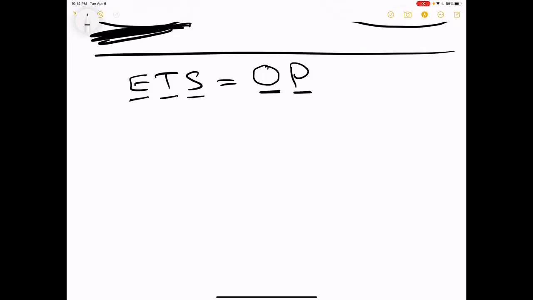All right, so the electron transport system, I said, is the same as oxidative phosphorylation. And one more time, what we do is we must oxidize the coenzymes. And which coenzymes?